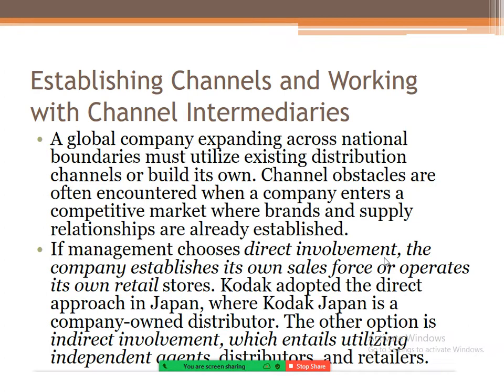So Kodak adopted the direct approach in Japan, where Kodak Japan is a company-owned distributor. The other option is, as I said, indirect involvement, which entails utilizing independent agents, distributors, and retailers.